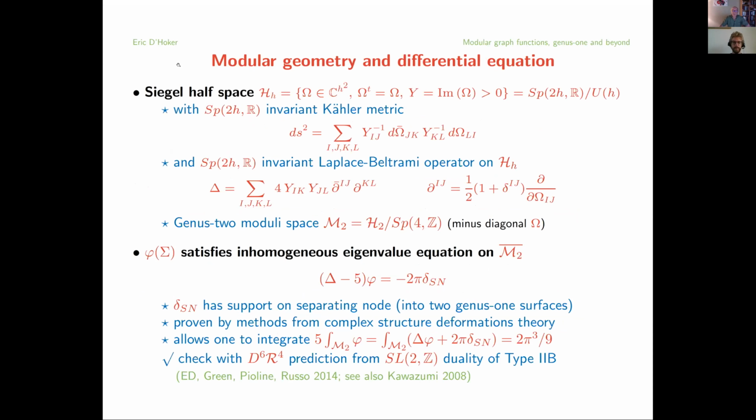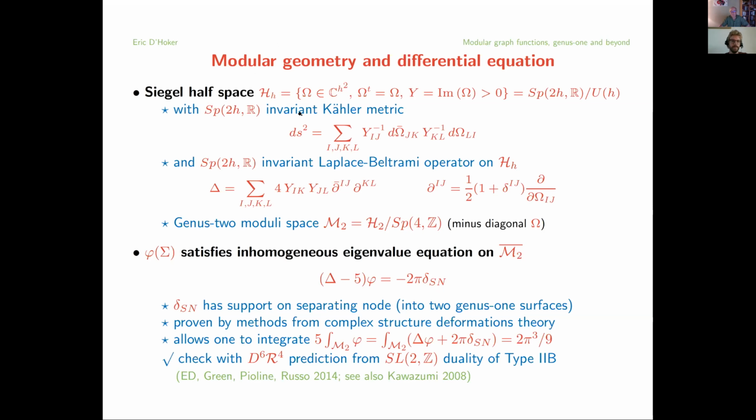Okay, so can we say anything more about these modular graph functions? Well, this is a fairly new subject, so not that much, but let me say what we know. So to do that, I'm now going to do this for general genus H. Consider the Siegel upper half space of H by H matrices, which are symmetric and have positive imaginary part.